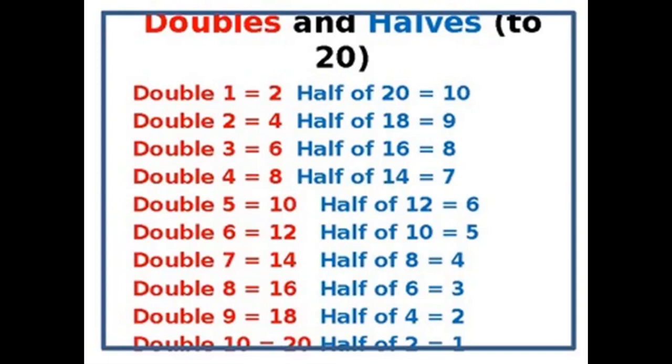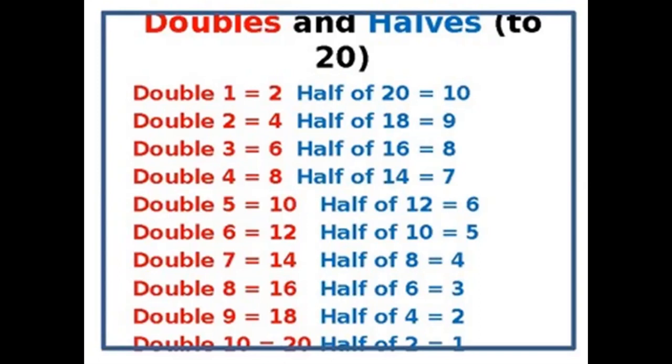Double of 1 is 2, double of 2 is 4, double of 3 is 6, double of 4 is 8, double of 5, 10, double of 6, 12, double of 7, 14, double of 8, 16, double of 9, 18, double of 10, 20, okay? And the same thing with the halves.